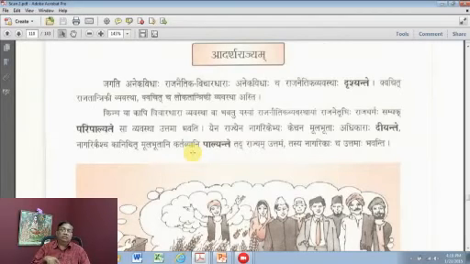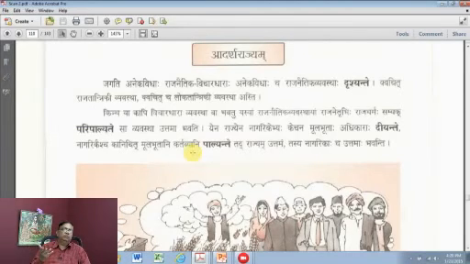Where the basic responsibilities are shouldered, tad rajyam, that country, uttamam, is the best. That means rights have to be given and people have to do their work with responsibility. So tat rajyam uttamam bhavati, tasya nagarikaha cha uttamaha bhavati. If the country becomes uttama, automatically the country's people are uttamaha only.